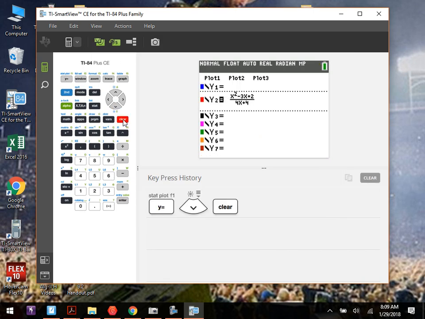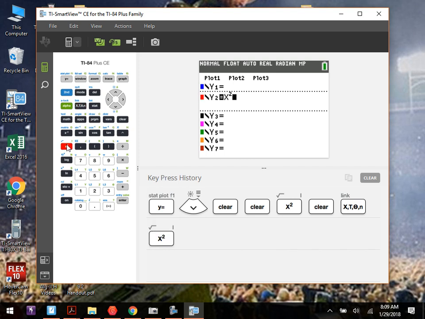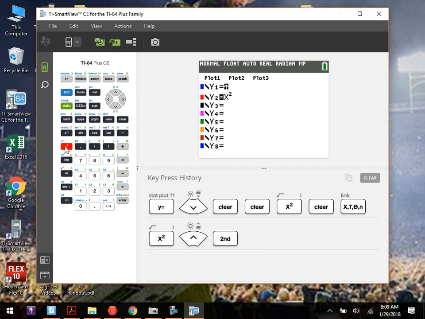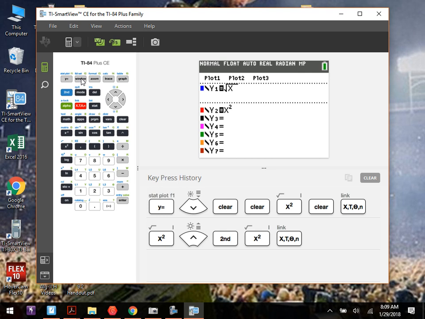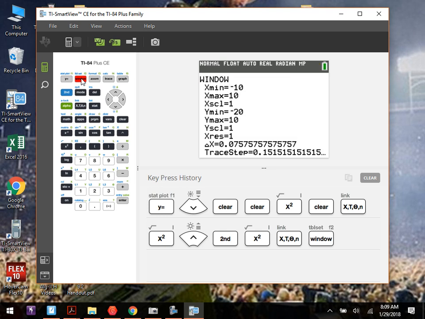So if I put in my two equations, x squared, it helps if I actually have an x though, and then the other one was the square root of x. Since they asked us for all values of x that are positive, I'm going to change my window to start at 0.